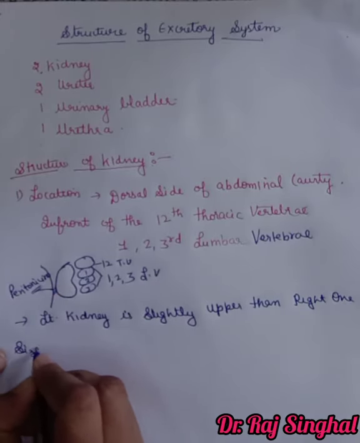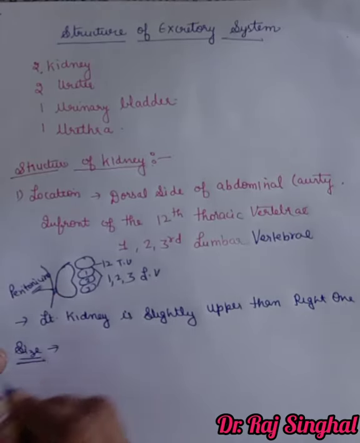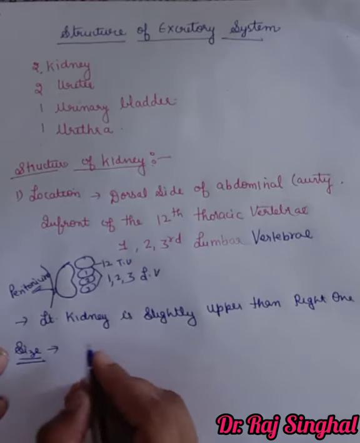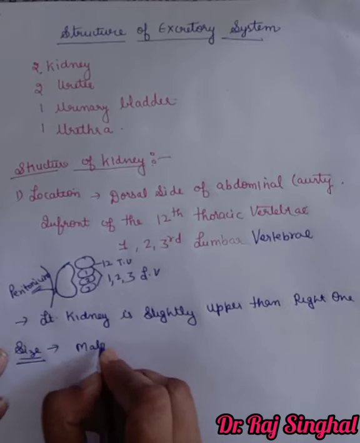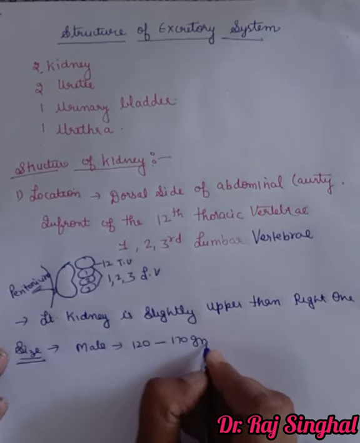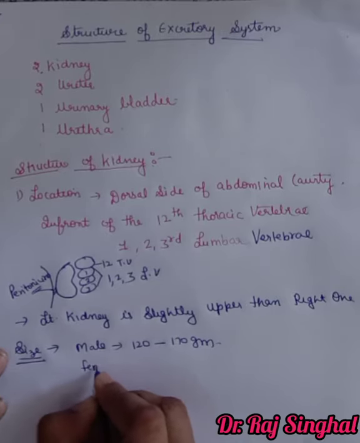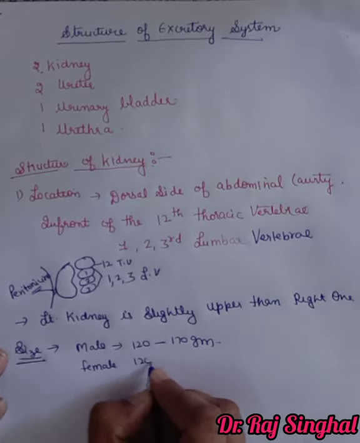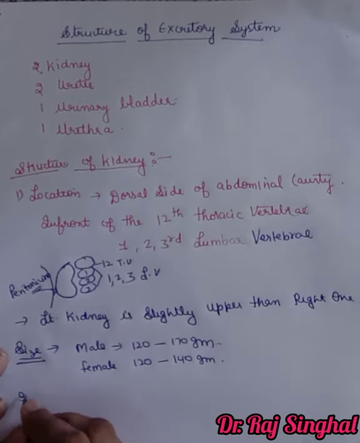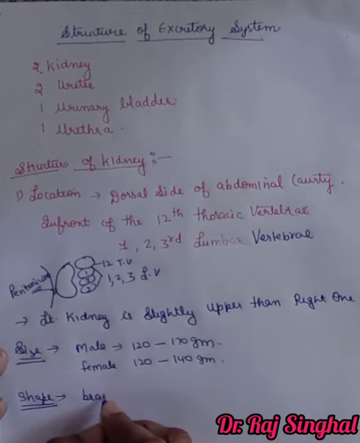Now size. Size varies in male as well as female. In male, it is approximately 120 to 170 gram, whereas in case of female, it is 120 to 140 gram. Shape. Shape of the kidney is bean shape.